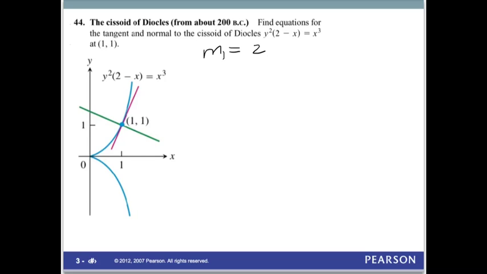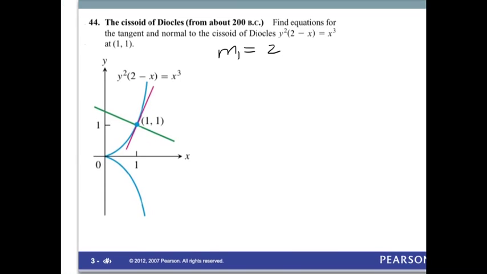So the tangent line will be just simply y equals mx plus b.